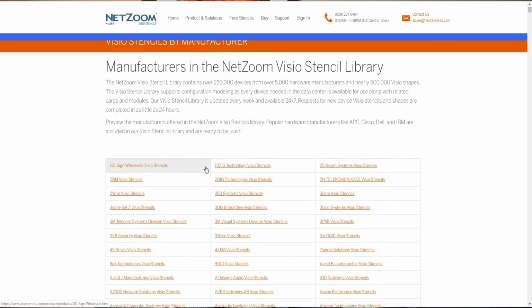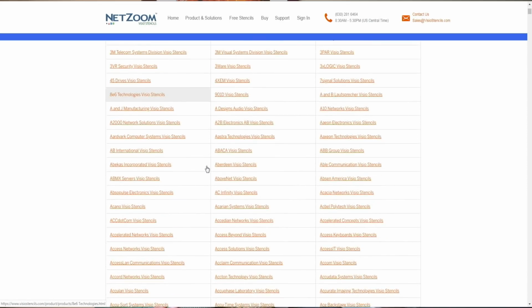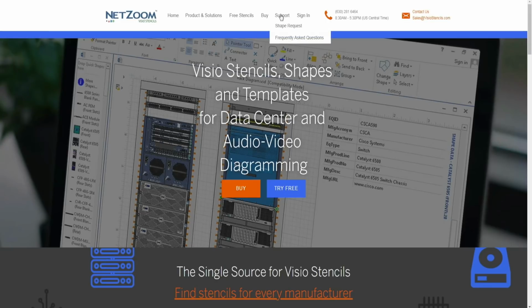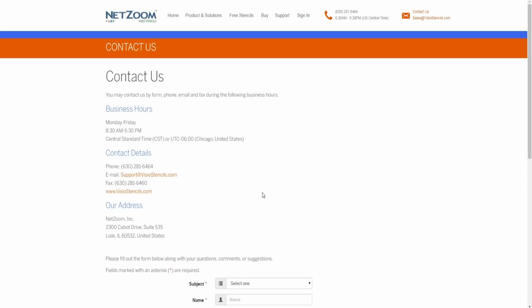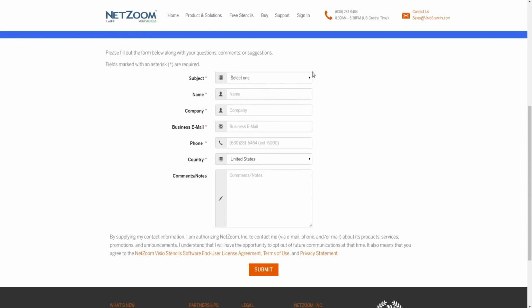I looked at the NetZoom Visio Stencils. I did find a host of available stencils, but the specific switch I was looking for, I could not. So it was so easy to go into the NetZoom Visio Stencils website, open up a ticket, and within less than an hour, I received a response and the actual stencil that I needed to continue.